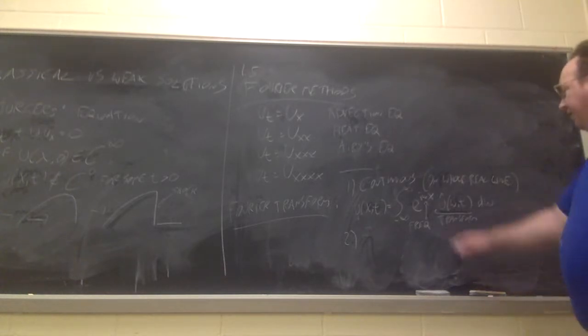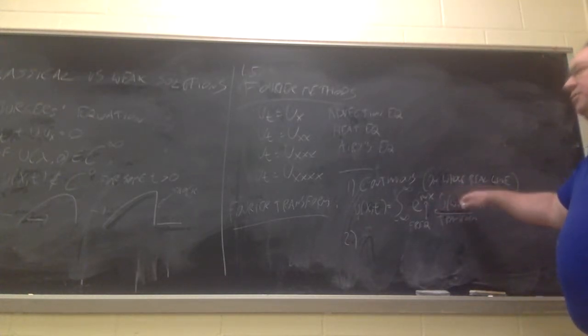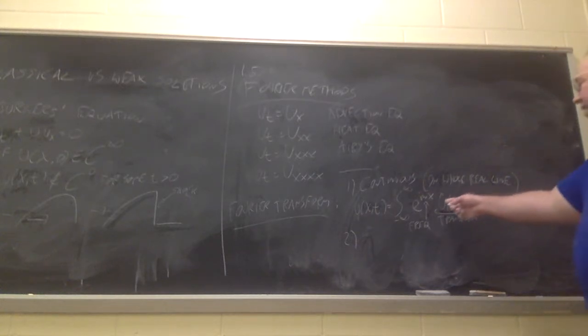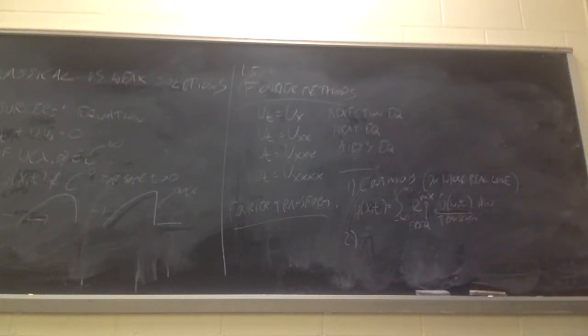This incorporates both the amplitude and the phase shift: the absolute value would be the amplitude, and the phase shift would be indicated in the angular part of a complex number. Okay, so that's the continuous Fourier transform.